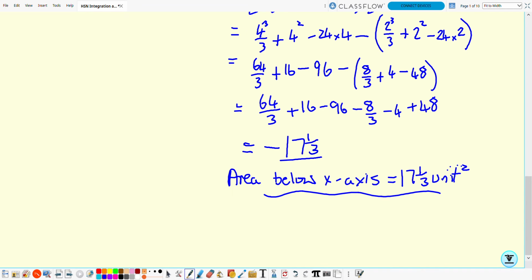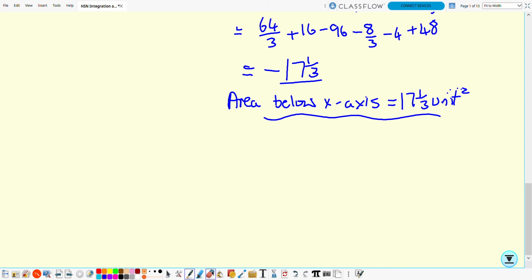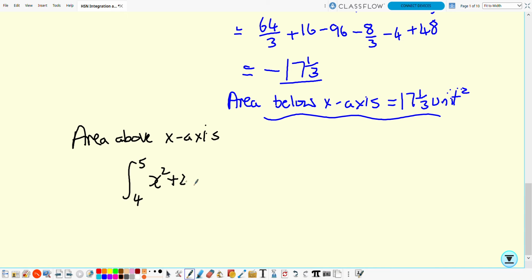The next part of it, you would then be working with area above the x-axis. This time what you're doing is integrating from 4 to 5, integrating the same function, x squared plus 2x minus 24 with respect to x.